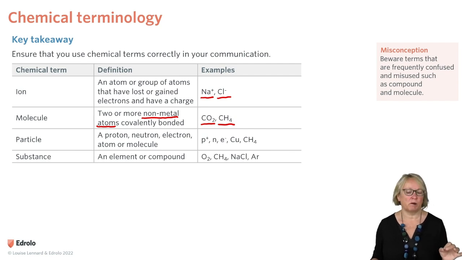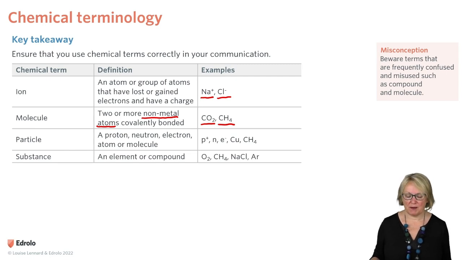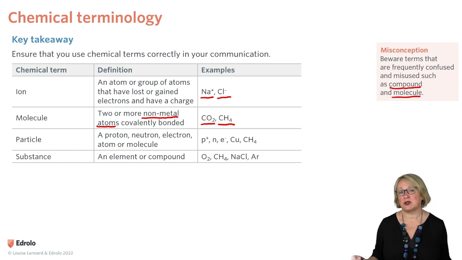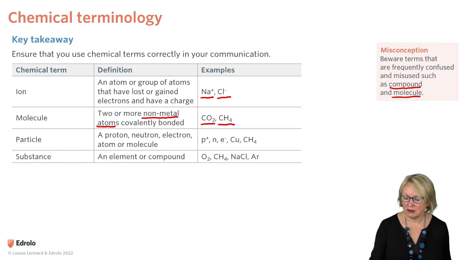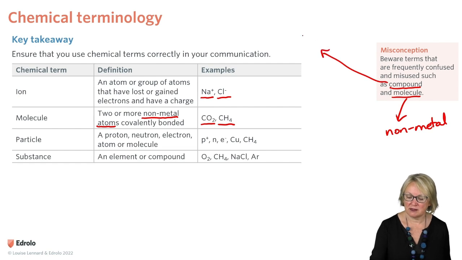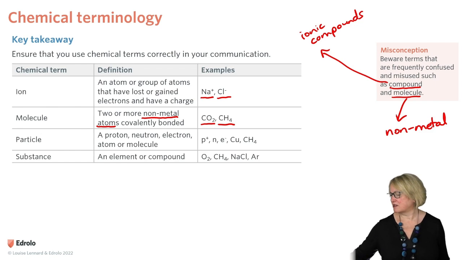It just means a small part. And a substance could be an element or a compound. But be careful about the words compound and molecule, which are frequently misused. Molecule only refers to nonmetals, whereas a compound can include ionic compounds that contain both metal and nonmetal ions.